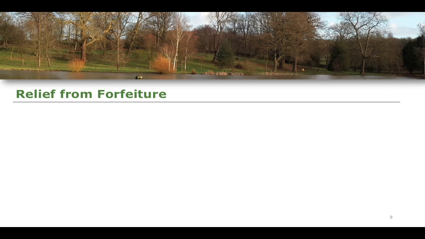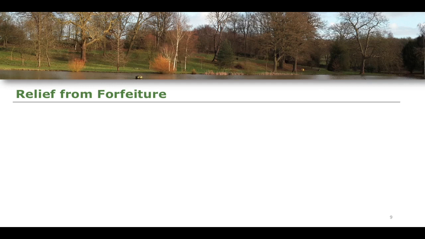So given all these facts, you might think that this is seemingly particularly strong in terms of the kind of power that a landlord may have over a tenant, and in some circumstances it is. However, there is relief from forfeiture. There is the ability for there to be relief from forfeiture, which essentially protects a tenant against the strongest claims of forfeiture.